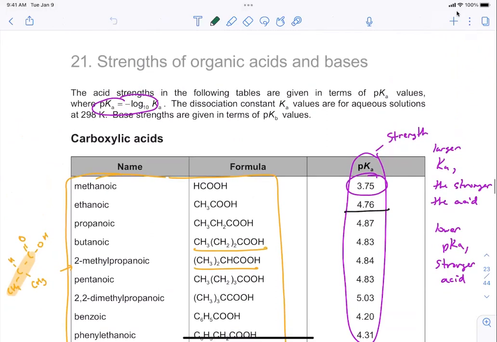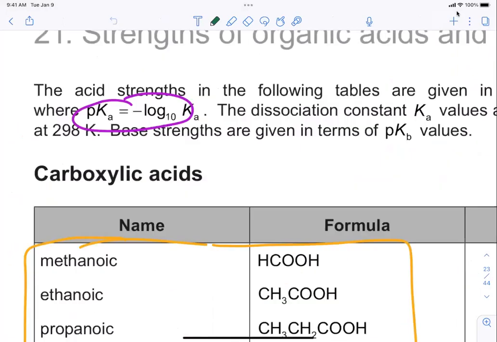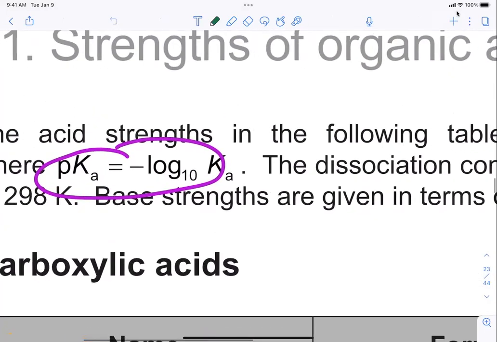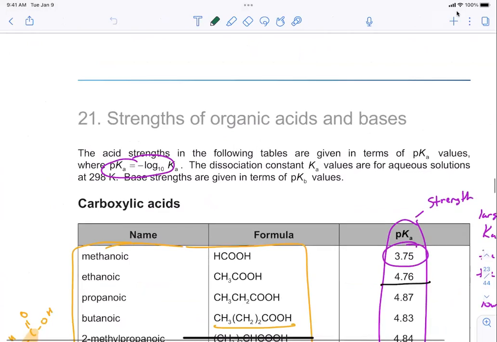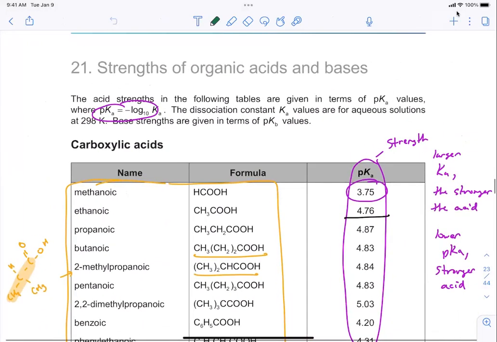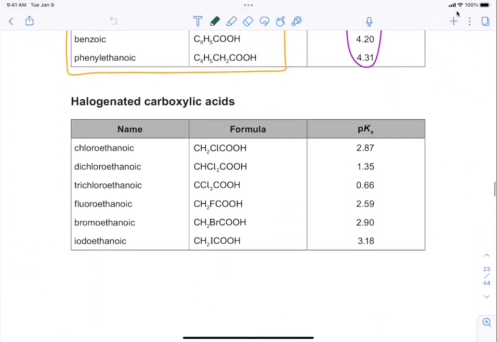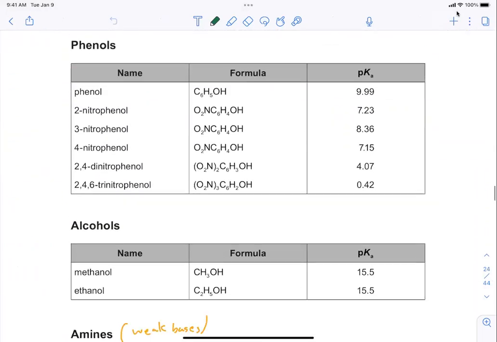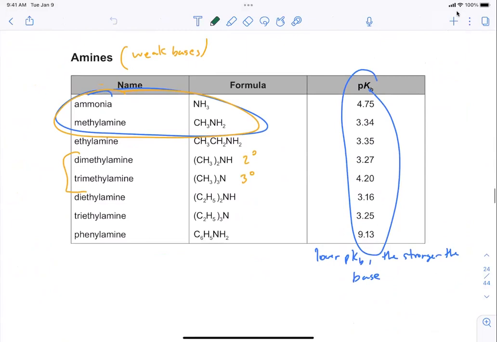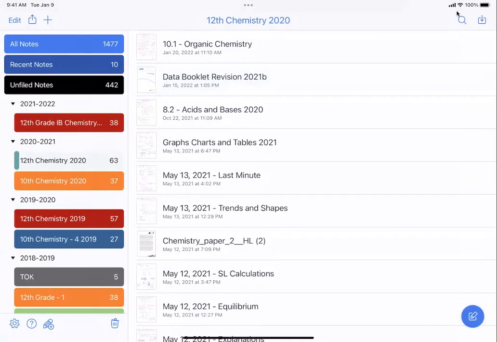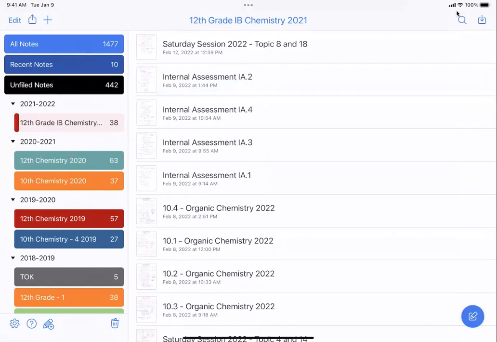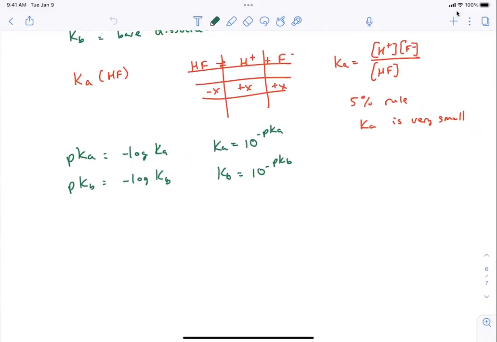And what's nice is, and we'll talk about this next week, in your get to know your data booklet, they actually give you the equation for pKa. So you shouldn't forget what that is because it's given to you in the data booklet in this section where it's appropriate. And pKbs are the same idea. Just read closely. The bases down here are pKbs. So you do need to know how to convert between pKb and Kb and pKa and Ka.